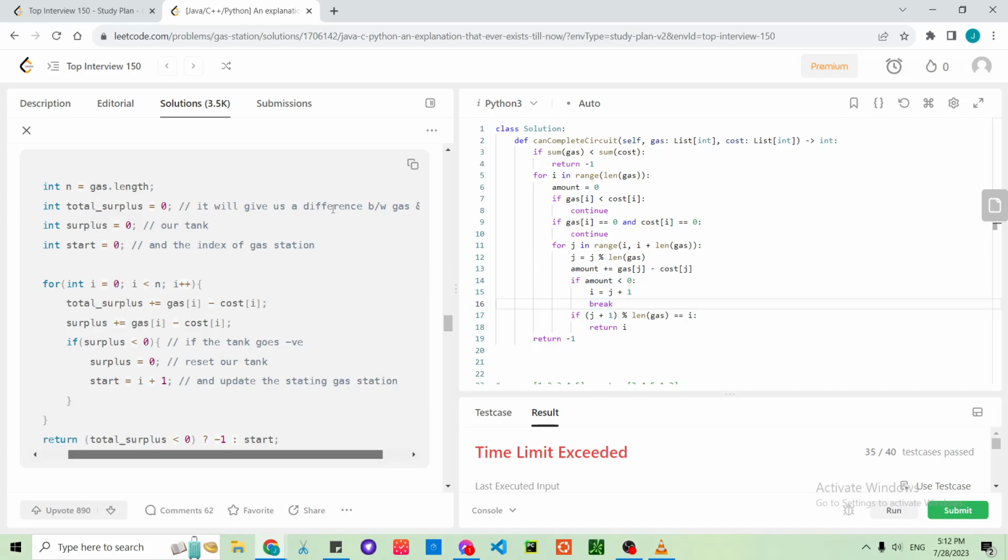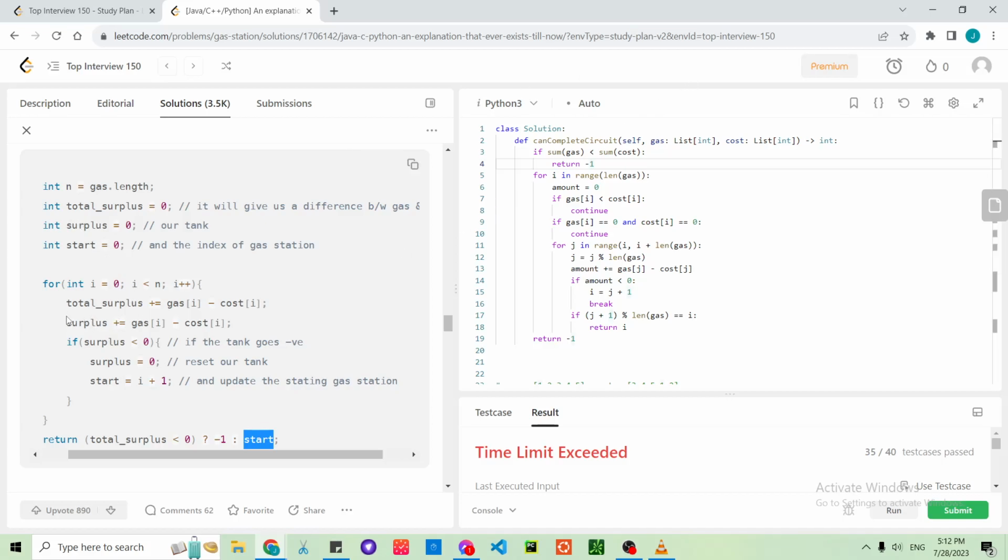So surplus will be reset when we see negative, because we're restarting our tank. Oh, total surplus, that's just basically calculating this part. Okay. So surplus, yeah, if it's negative, then we're not able to reach it, otherwise it's start. Okay, so surplus, that's our tank.